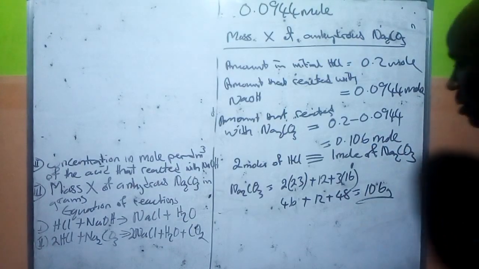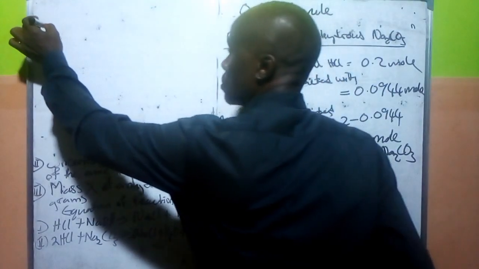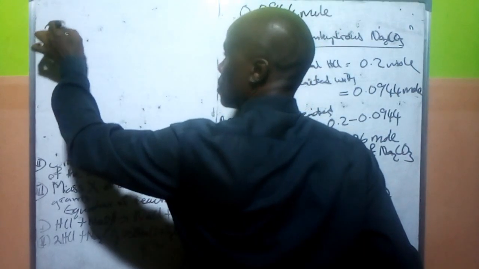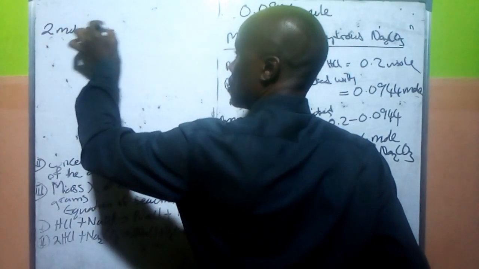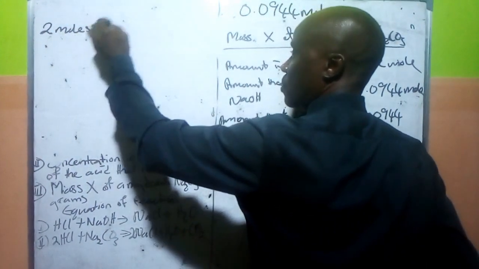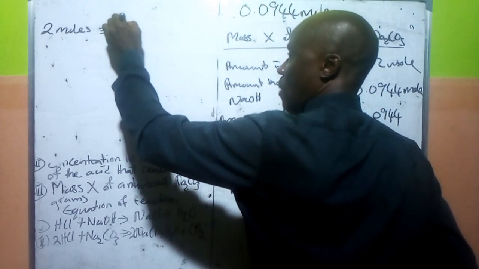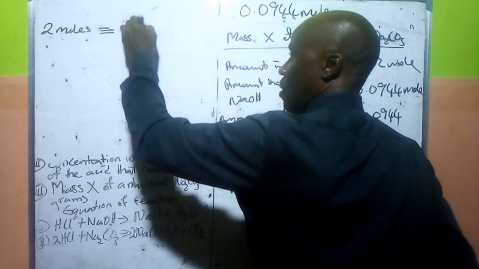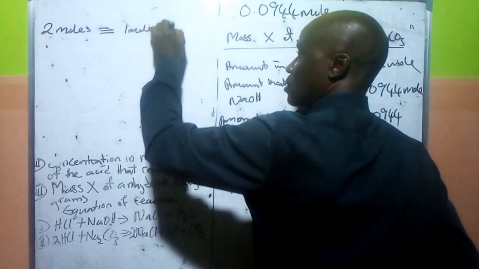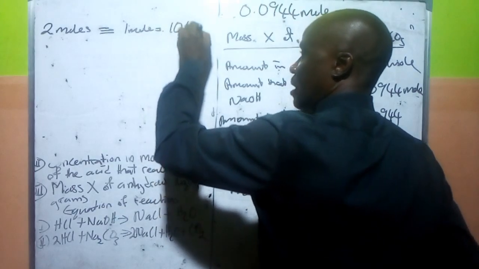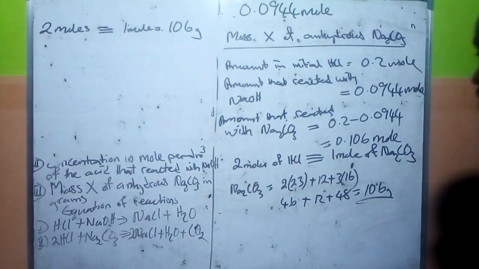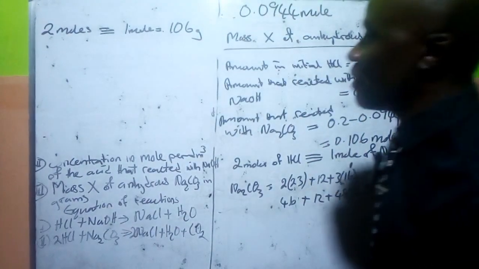Now from here, it means that 2 moles is equivalent to 1 mole, which is equal to 106 grams. Because we are looking for the grams, I just want to see how we're going to make it faster.